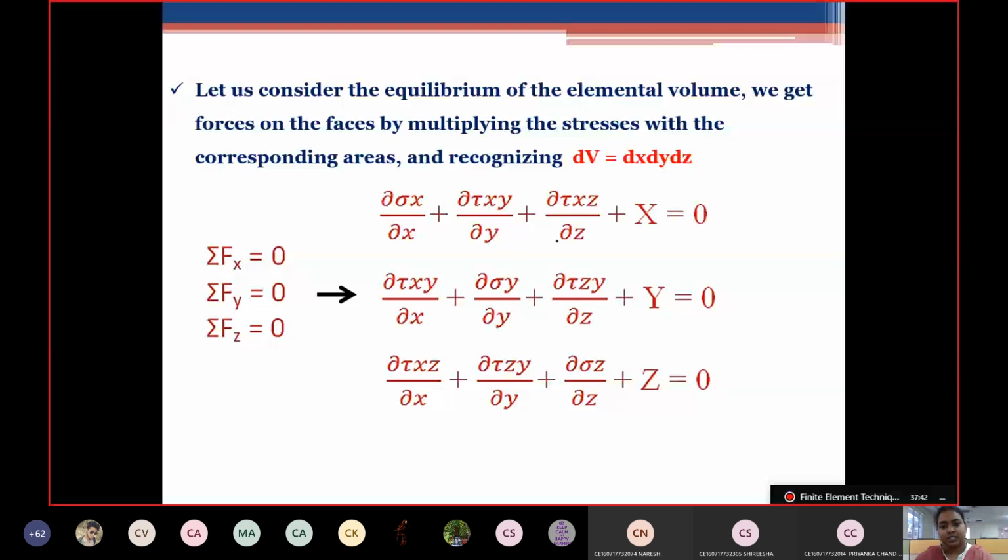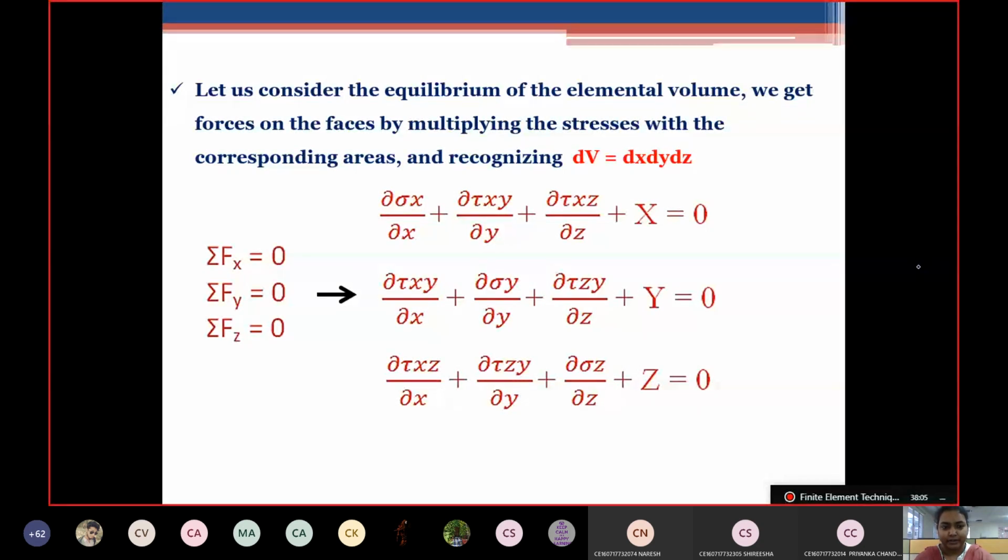Two shear stresses and one normal stress. I need a yes after you finish writing this. I'm giving you enough time. Was that a yes or a no?